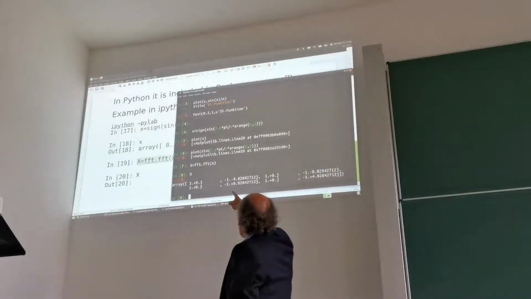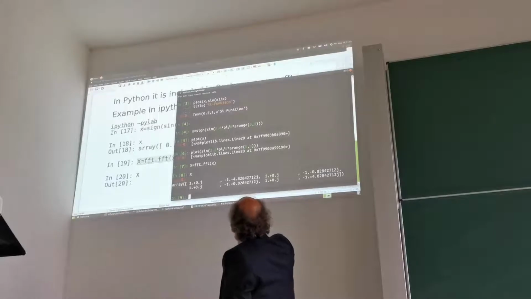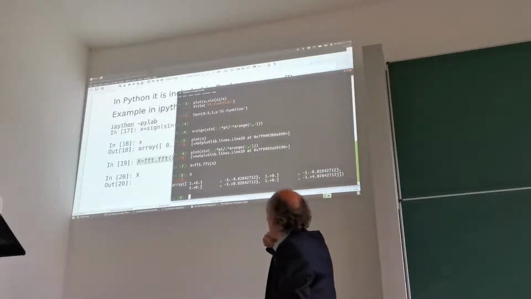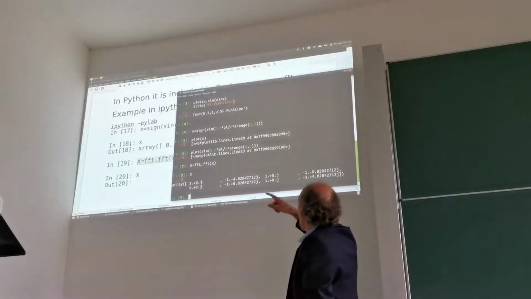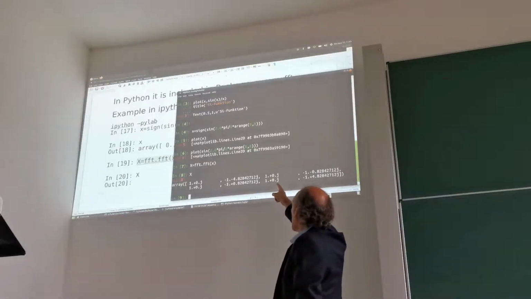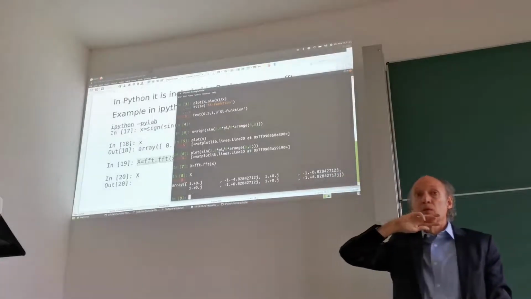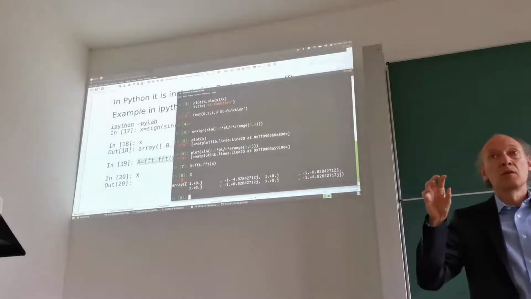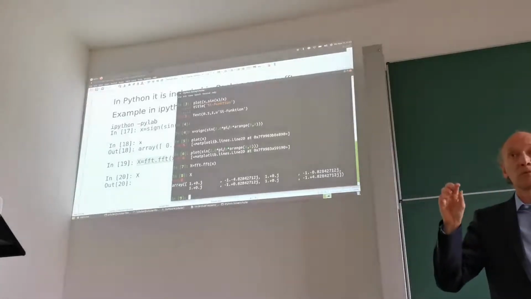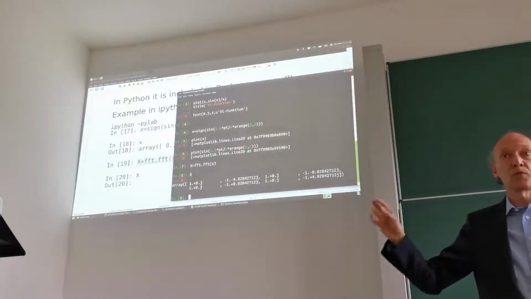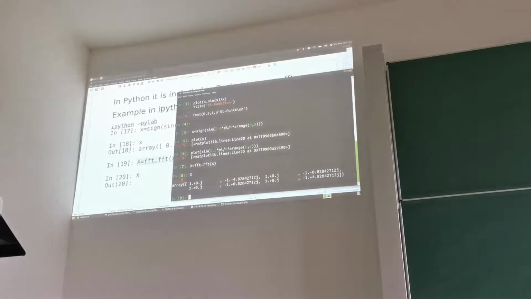You can see we have minus 1 plus minus 4.8 times j. And here x of k equals 2, we have 1 plus j, and so on. So you can see these are complex factors, fixed complex factors, one for each frequency coefficient k.